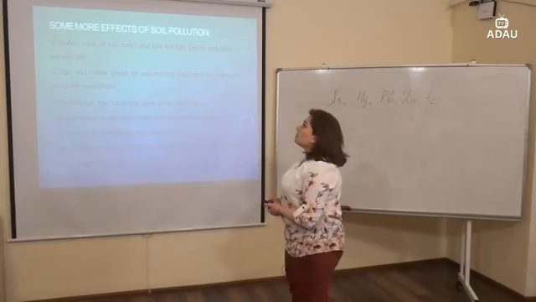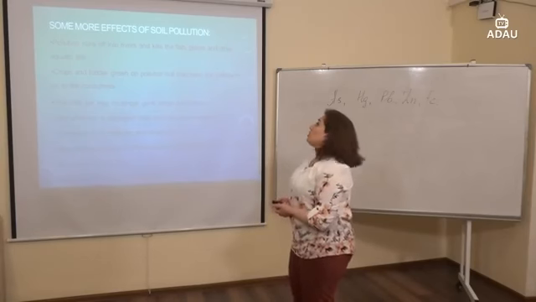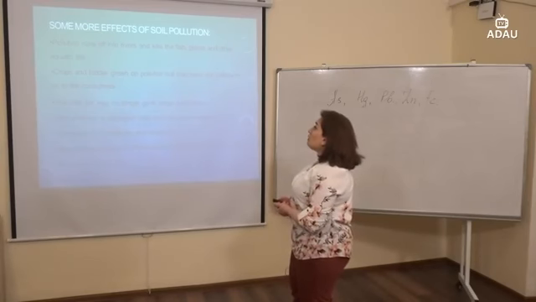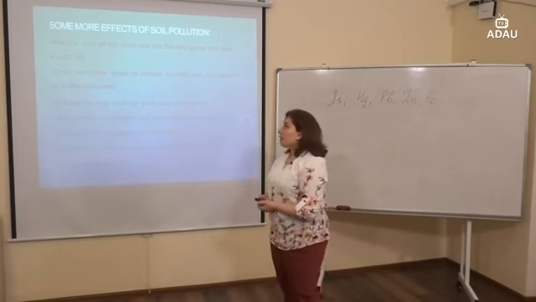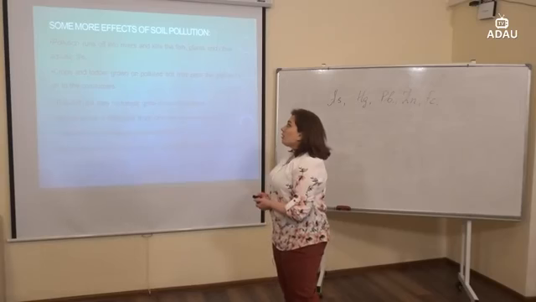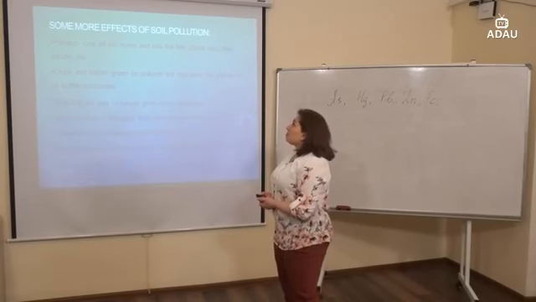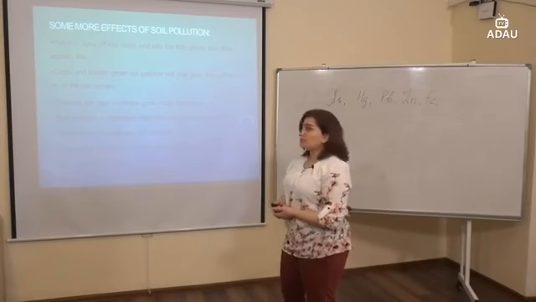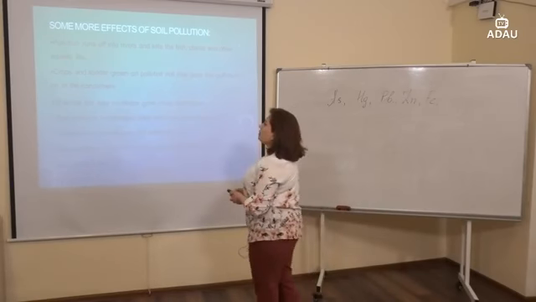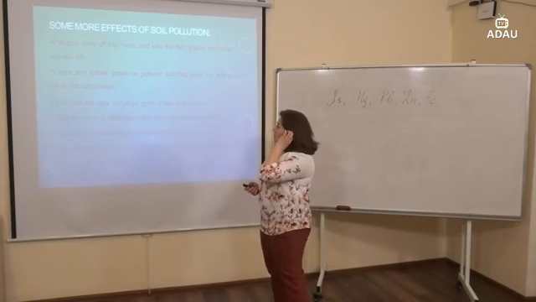Some more effects of soil pollution. Soil pollution runs off into rivers and kills fish, plants, and other aquatic life. Crops and forage grown on polluted soil may pass the pollutant on to consumers. Polluted soil may no longer grow crops and forage.